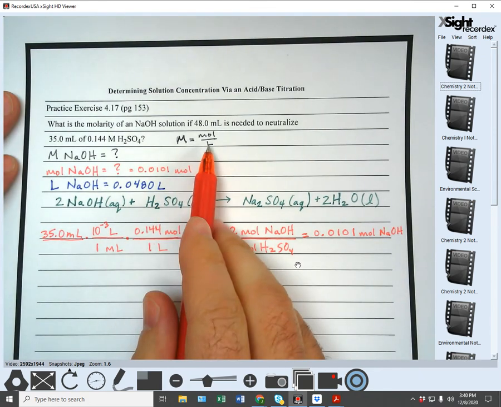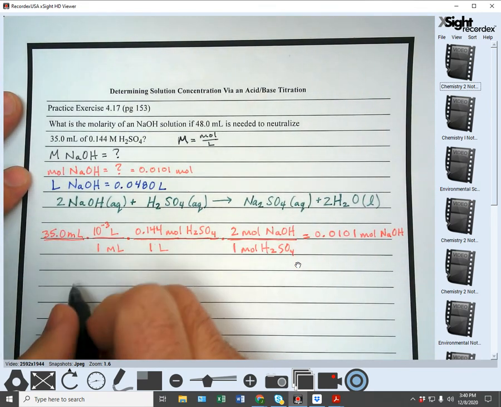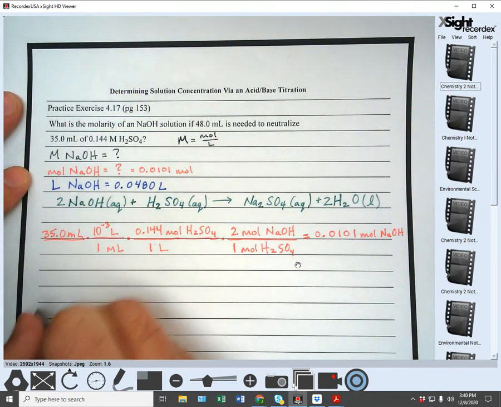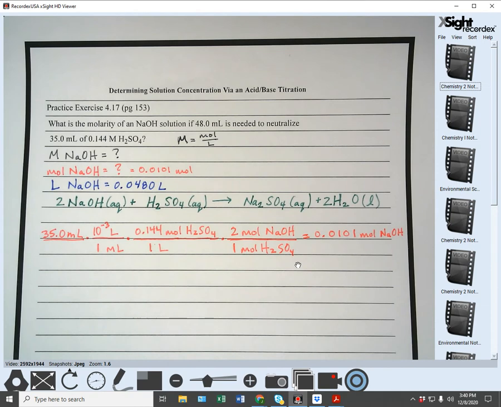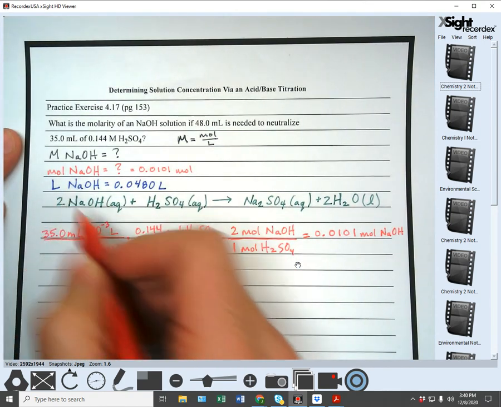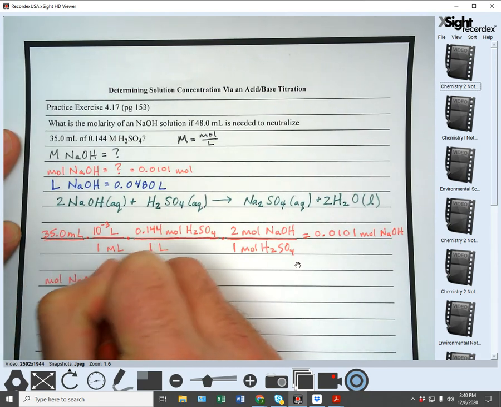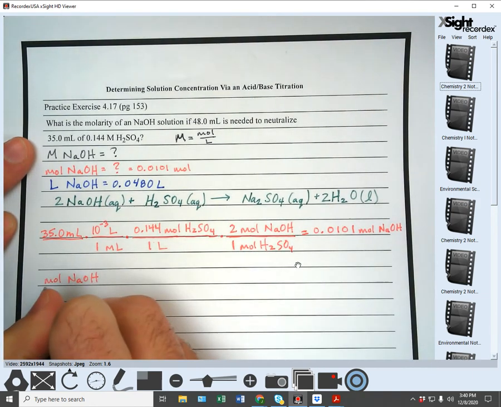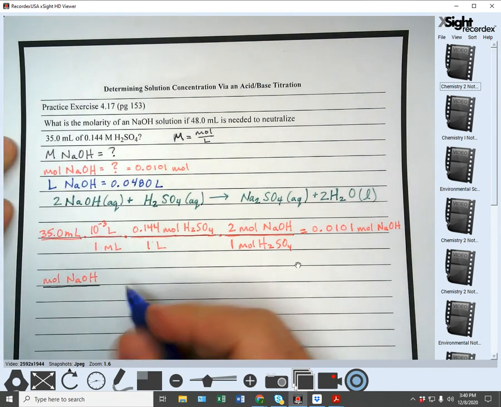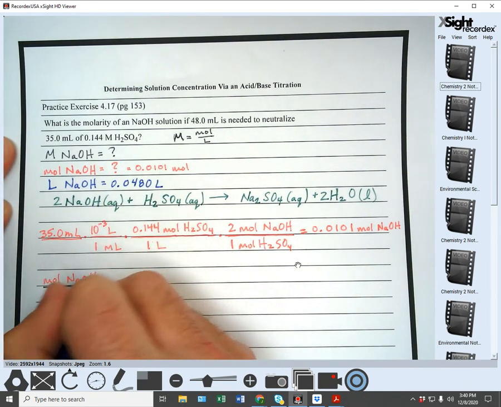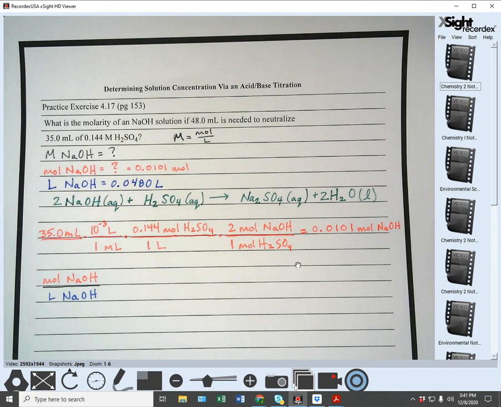Now, all we need to get is not our moles, but our molarity. We're just going to take the moles of NaOH divided by the liters of NaOH, and this will give us the molarity.